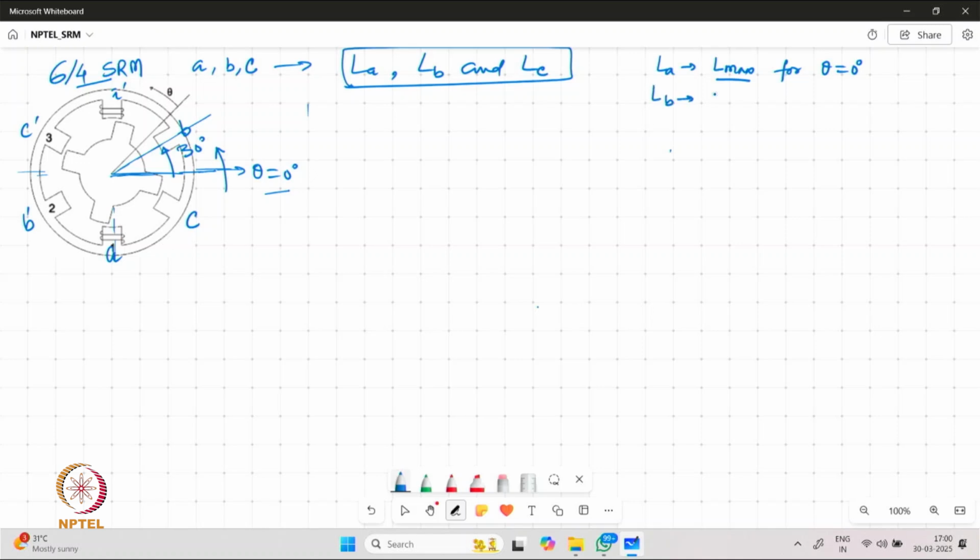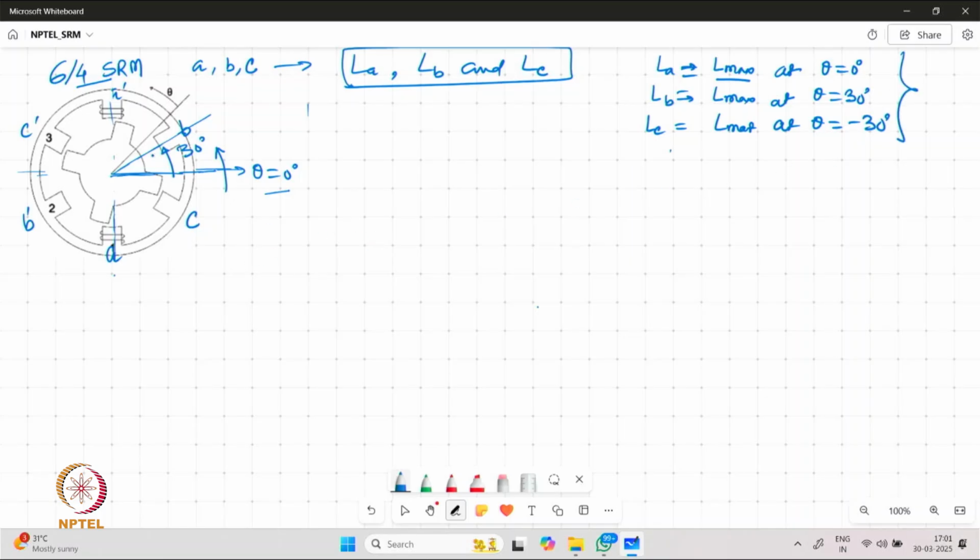So LB is going to be Lmax at 30 degree, and LC is going to be Lmax at theta equals -30 degree.